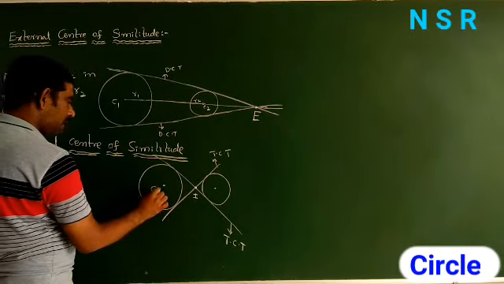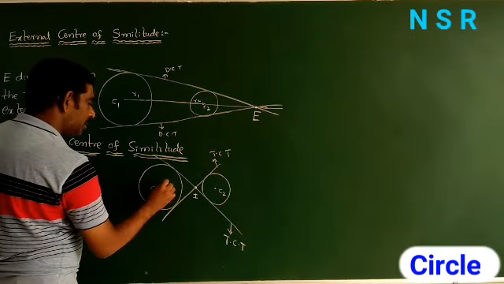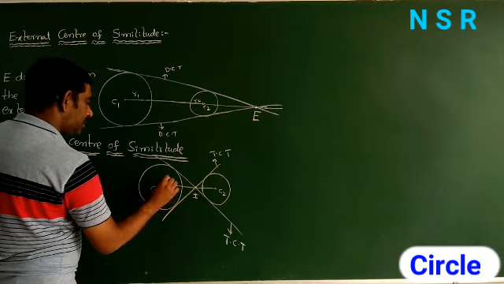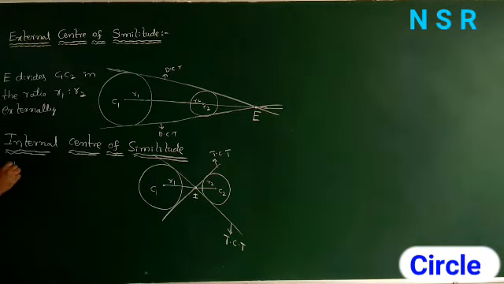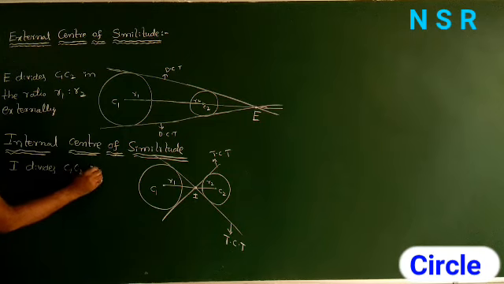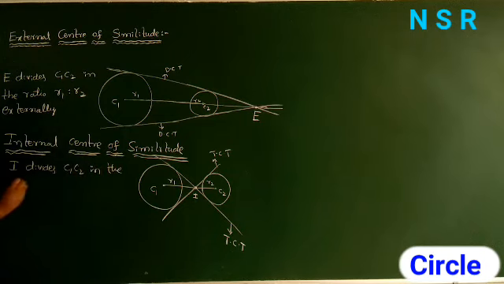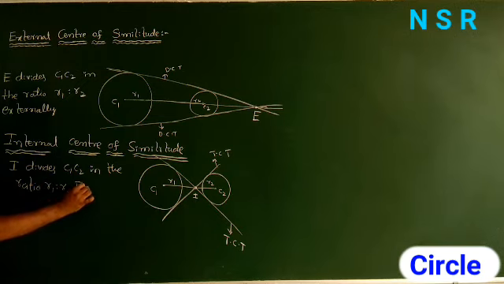Now the center of this circle is C1 and this is C2, and the radius of this circle is R1, this is R2. Here the condition is I divides C1 C2 in the ratio R1 is to R2 internally.